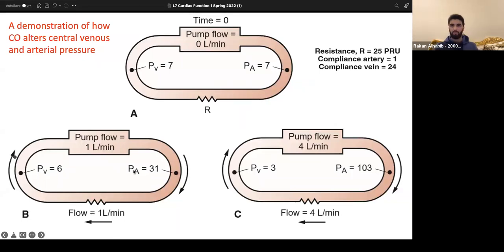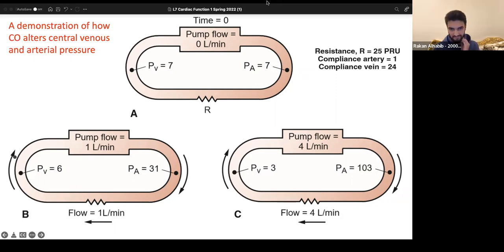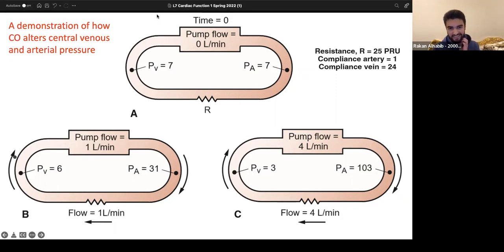Let's assume it is per liter. Therefore, if I assume every liter I increase this by 24, I have to decrease this by 1. So don't focus on the math, just focus on the fact that the veins are way more compliant than the arteries. I know it's a bit confusing. Sorry.